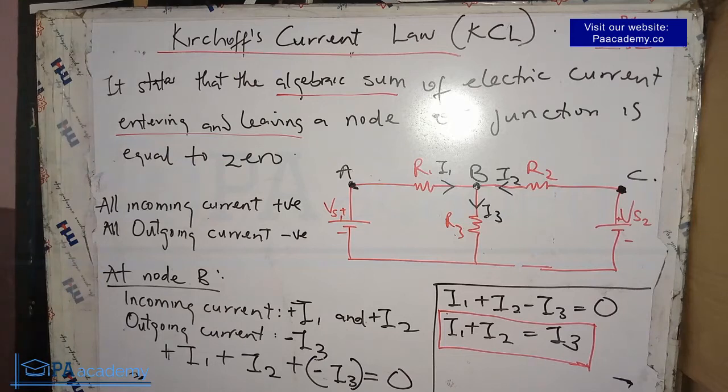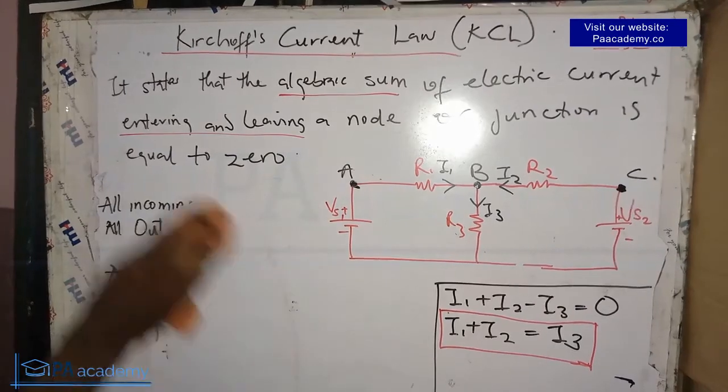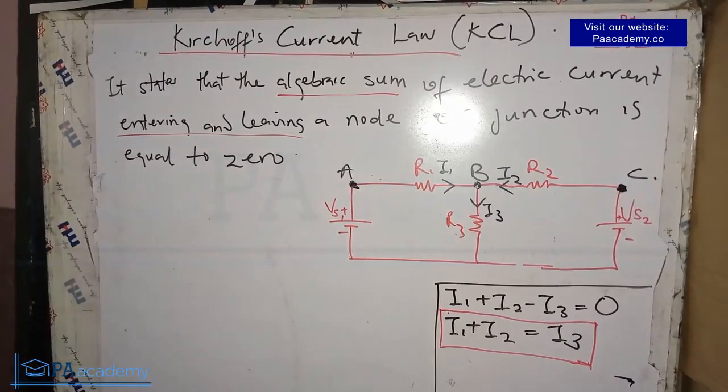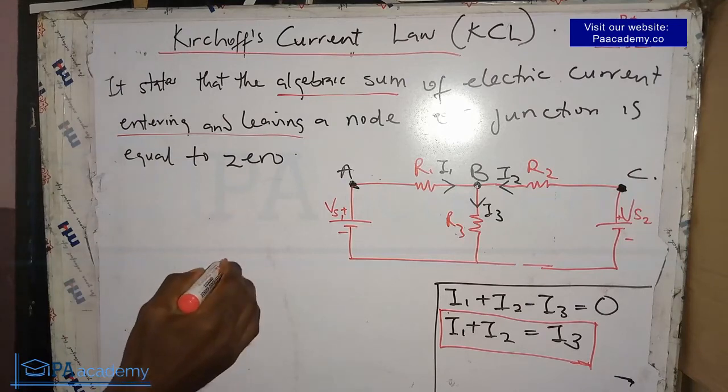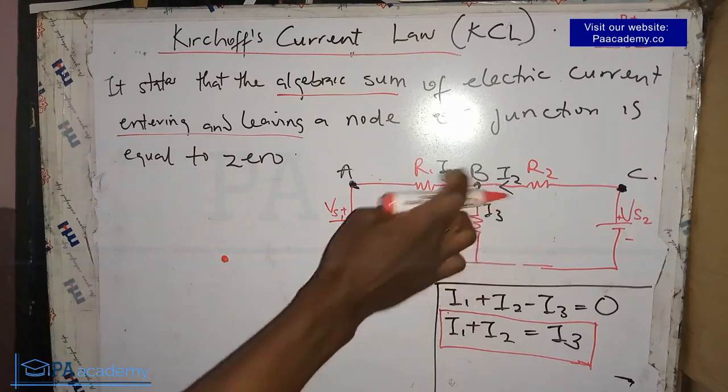Now let me do a small illustration here. You might pause the video if you want to write this down. If you have any node or any junction, in this example we have different currents.